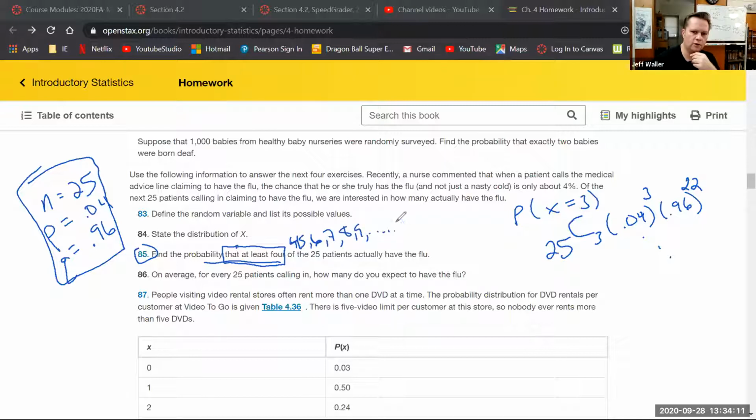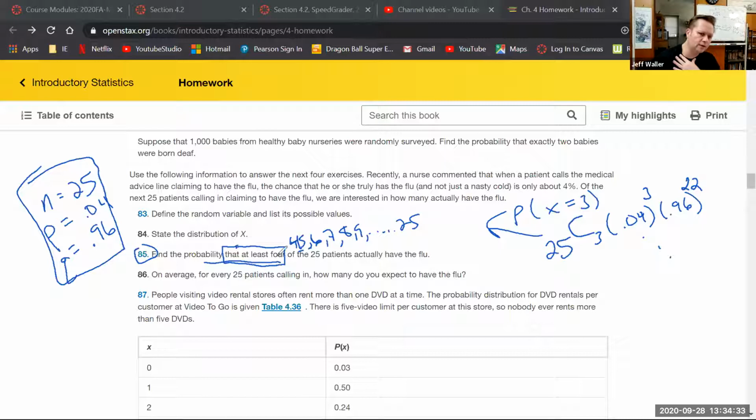I don't even want to write them all out. Do I want to do a formula? One way to do this is to do this formula for 4, 5, 6, 7, 8, 9, up to 25, and add them all up. Completely valid. You could do it that way. Does anyone want to do it that way? You can. Nothing wrong with it, except it's a big waste of time.